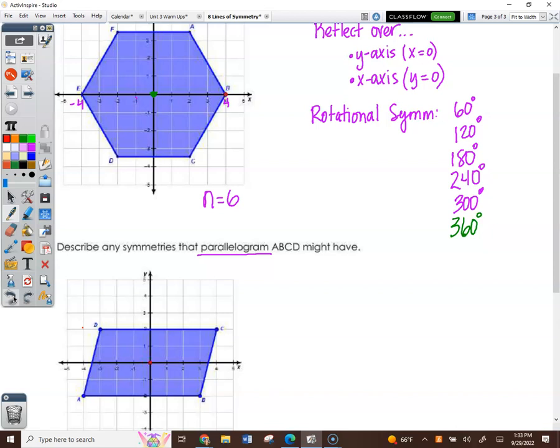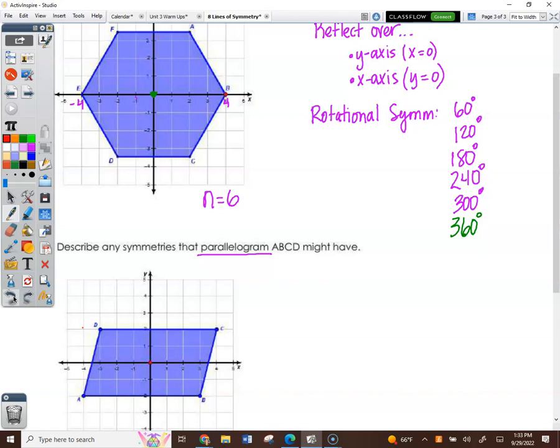Everybody take your paper. Look at the shape. Now turn it upside down. Is it the same? Yes. So it has point symmetry, which means 180 degrees.